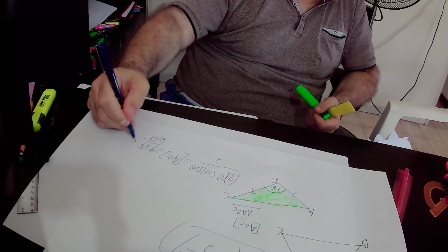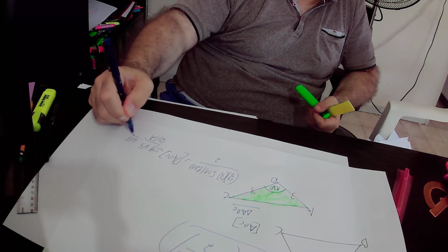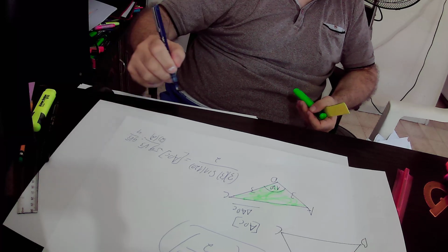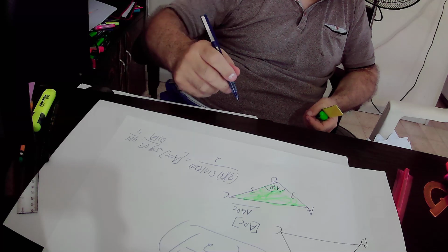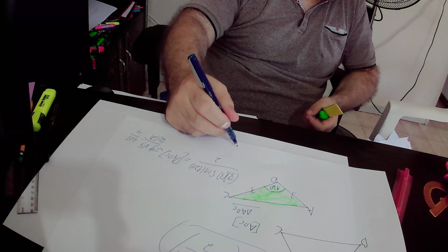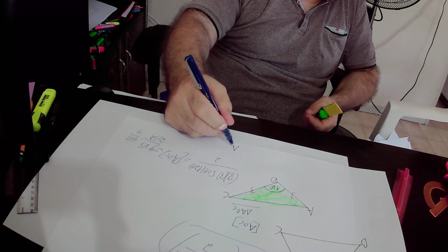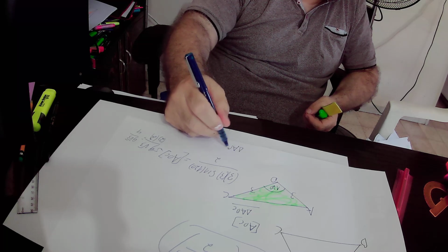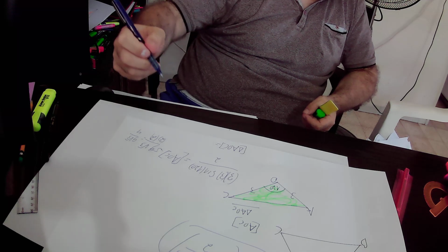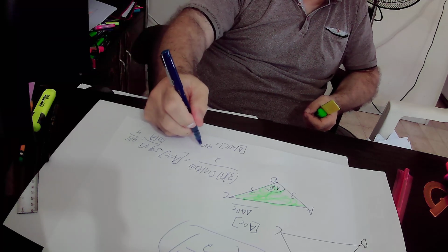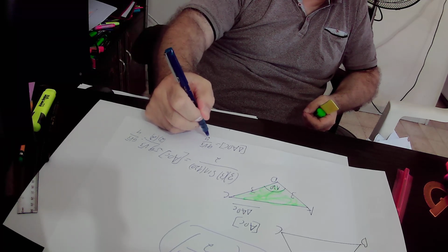So it is 9 times square root of 3, and 2 times 2 is 4. So in conclusion, we found out that the area of the green triangle AOC is equal to 9 times square root of 3 over 4 square units.